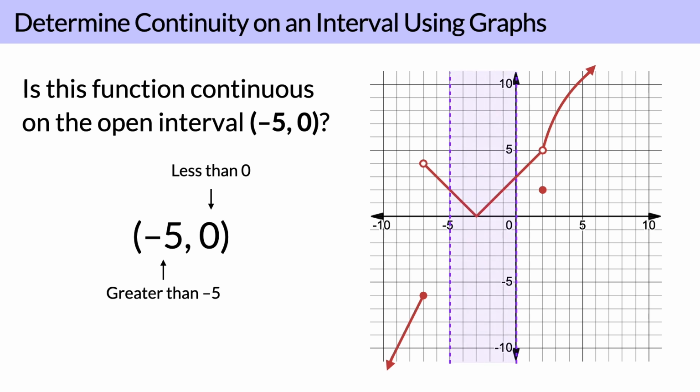While you may notice discontinuities at x equals 2 and x equals -7, both of those are outside of the interval. On the open interval from -5 to 0, we can draw the function without picking up our pencil. Therefore, this function is continuous on the open interval from -5 to 0.